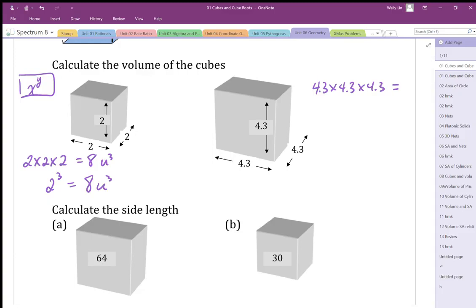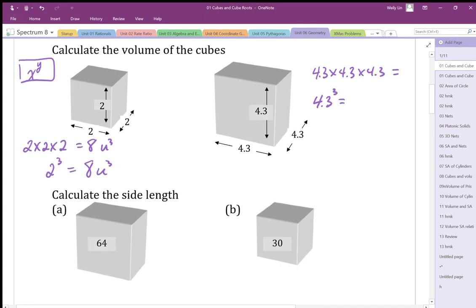I don't know why I don't have my calculator, but we can multiply those together, or we can do 4.3 cubed, and that gives us the volume of that cube. So cubing, although it is related to multiplication, is not multiplication. When we cube something, the math now starts becoming different, just like square math was different than multiplication math.